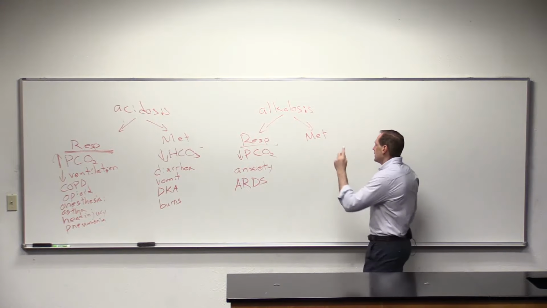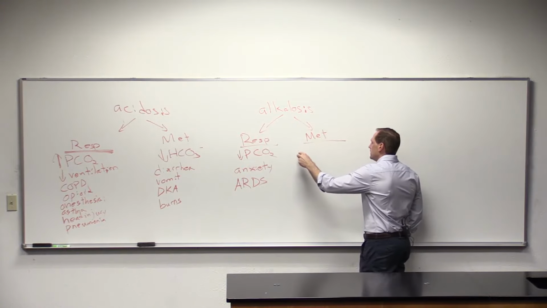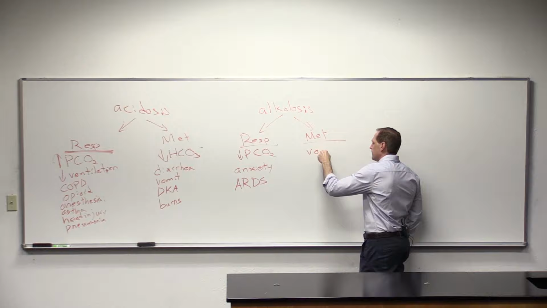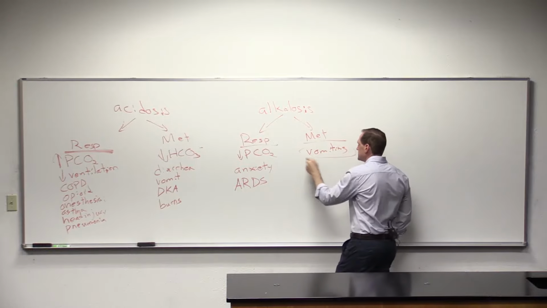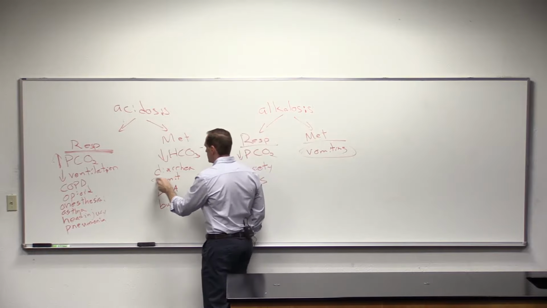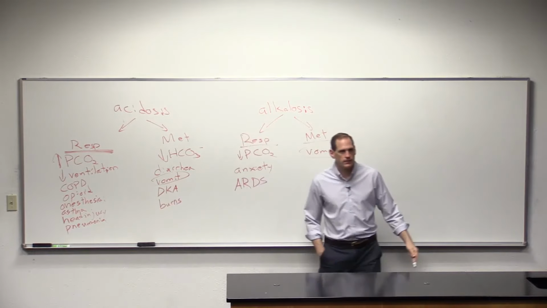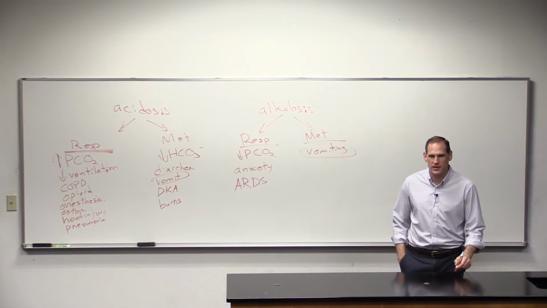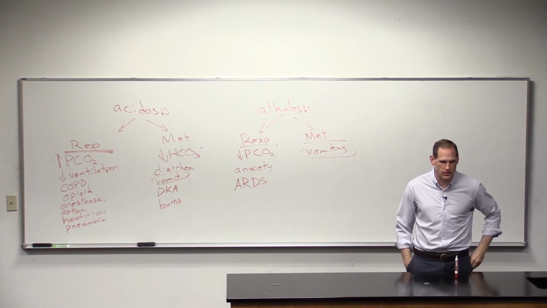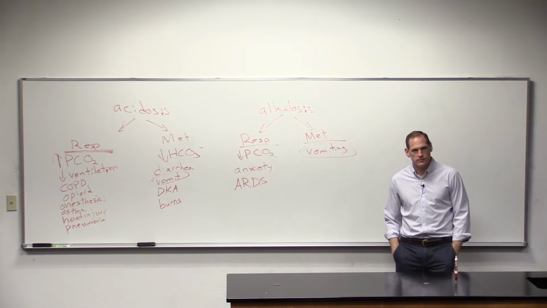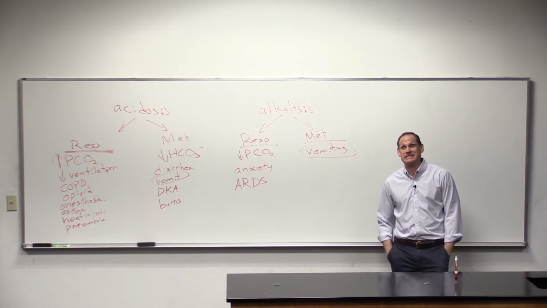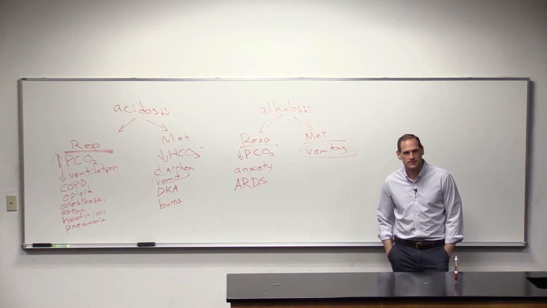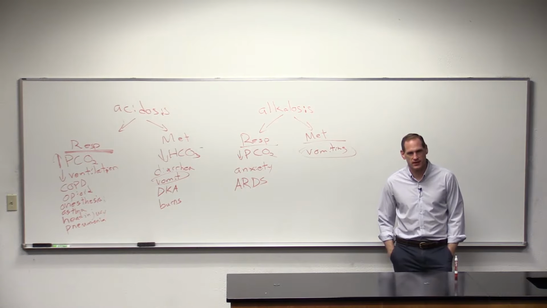All right, on the metabolic side, the biggest one is probably vomiting. And notice that you've got vomiting twice. Why is that? Why can it be both acid or alkaline? What do you think?